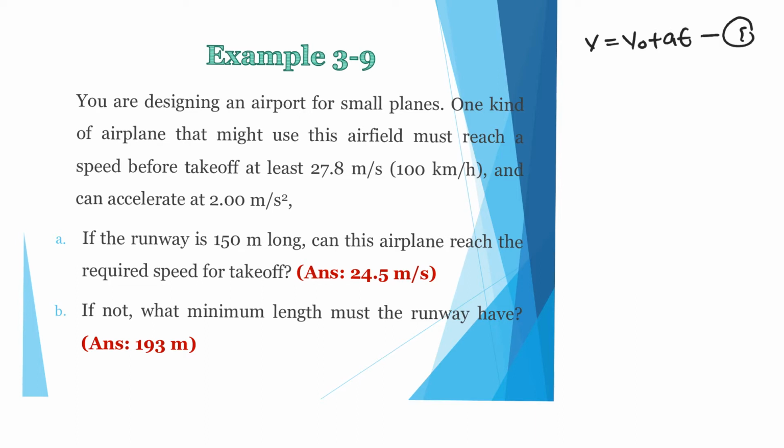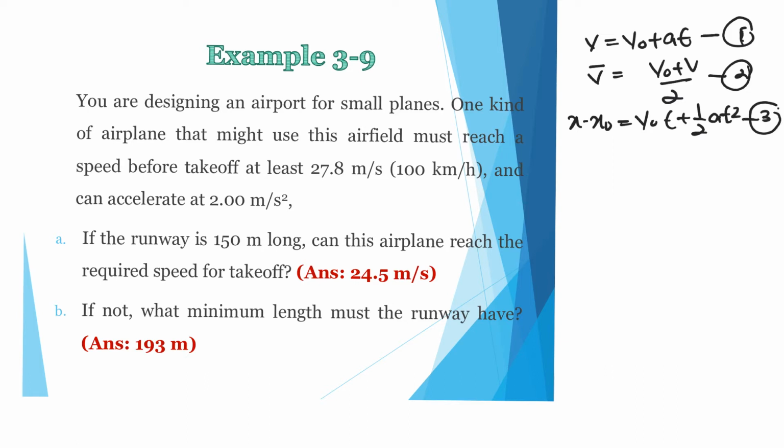The second one is v bar equals v final plus v initial divided by 2. The third one is x minus x naught equals v naught t plus half at square. And number 4 is v square equals v naught square plus 2a times x minus x naught.